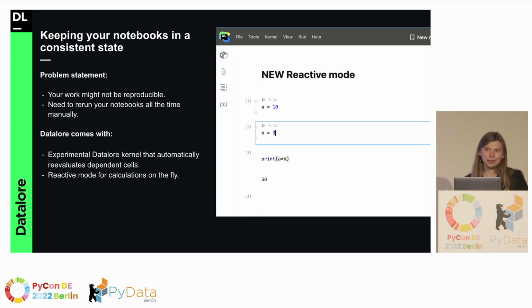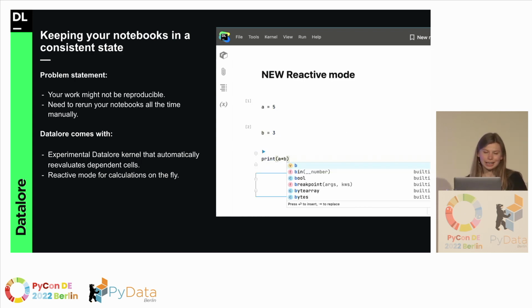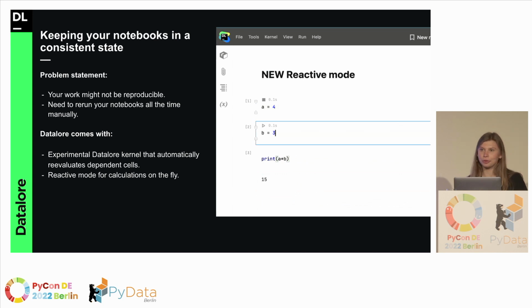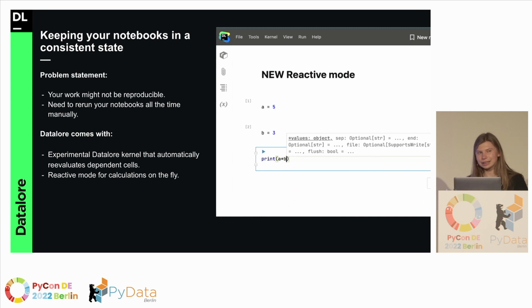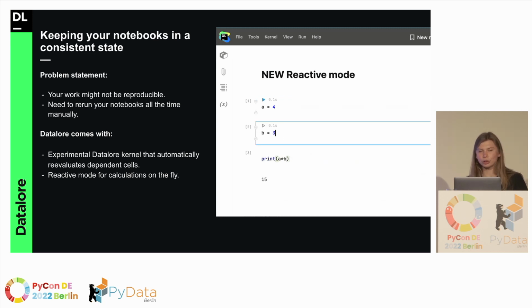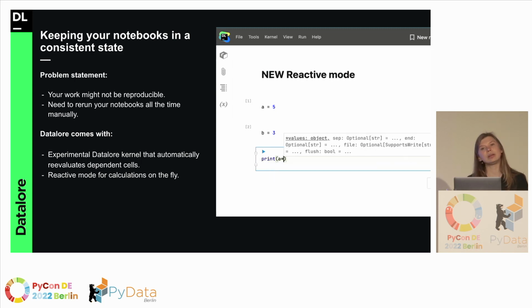So in Datalore, we've been working for the last 3 years to mitigate this problem. And half a year ago, we released the new reactive mode that basically helps to keep your notebook state in a consistent order. What it does is enforce top-down recalculation of the cells below the modified ones.